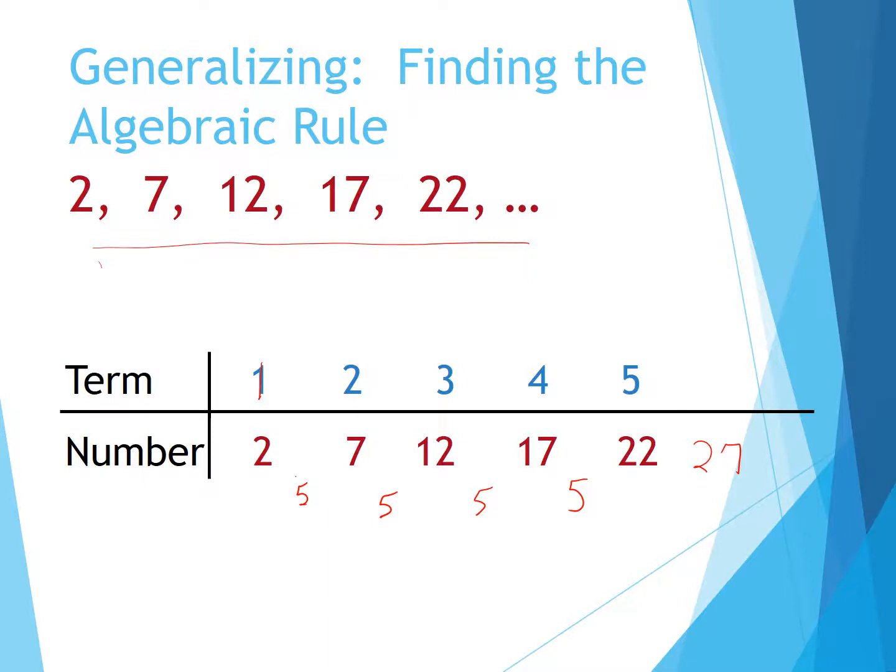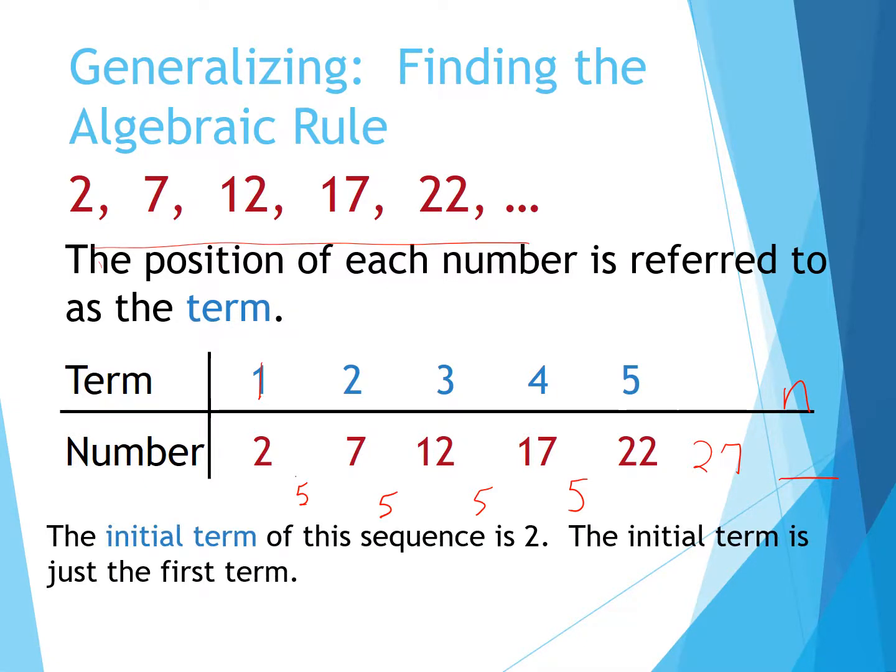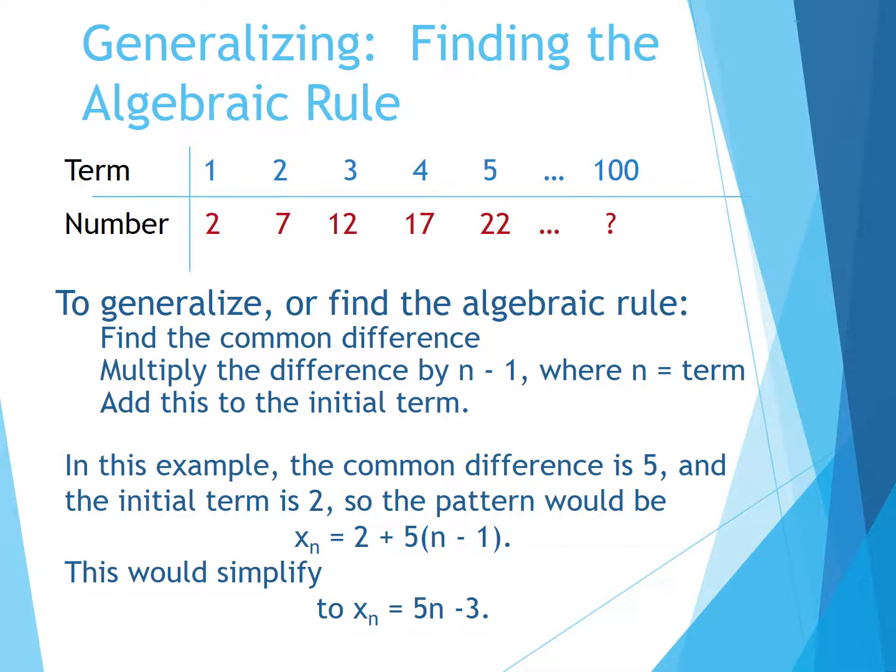So what I want to know is what happens when I get to any general term, an arbitrary term n. How can I know what that is? Okay, so the position, again, is referred to as the term. Now the initial term is 2. Okay.